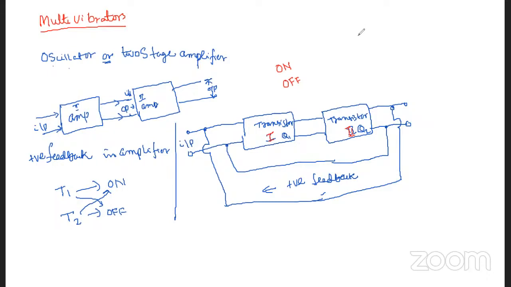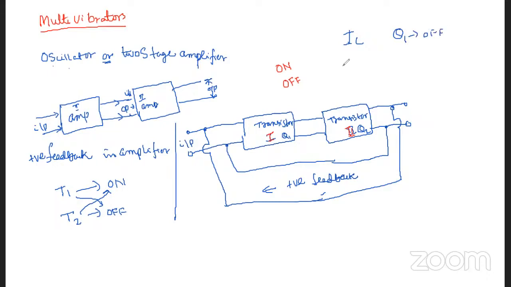The collector current is generally represented by IC. This IC will flow for a period of BC, which is nothing but the base on circuit components. During this period, Q1 will be off.